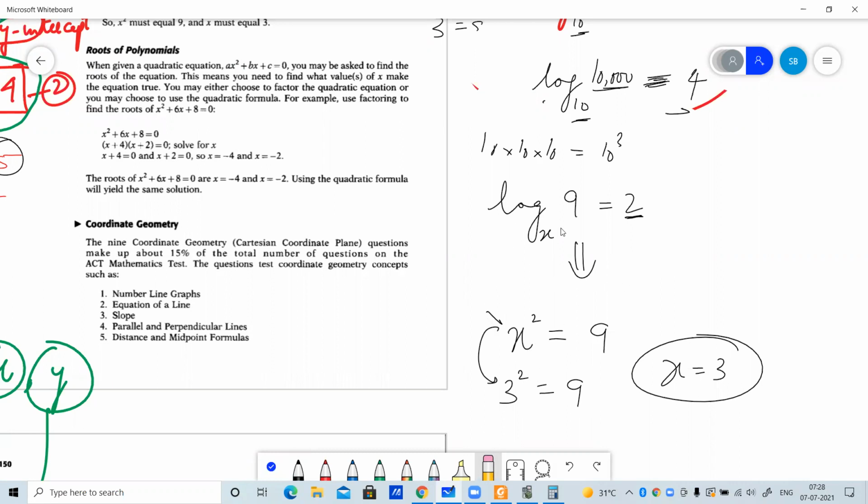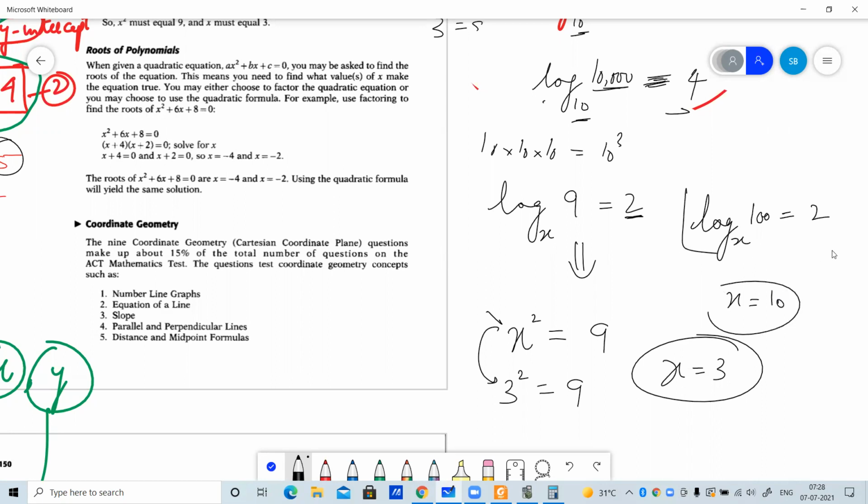Okay. So if the question is log of 100 to the base x is equal to 2, what is x? 10, correct.